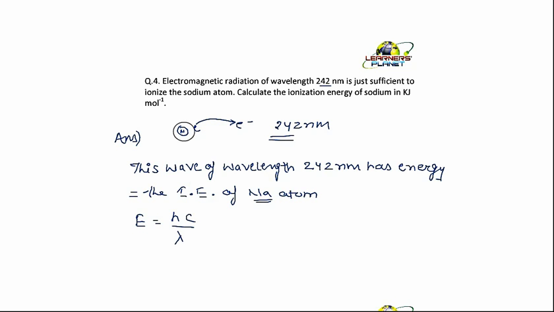How can we find out? The energy associated with the wave is equal to hc by lambda. Now you know the value of h, 6.62 into 10 to the power minus 34, into the velocity of light, which is 3 into 10 to the power 8 meter per second, divided by the wavelength.